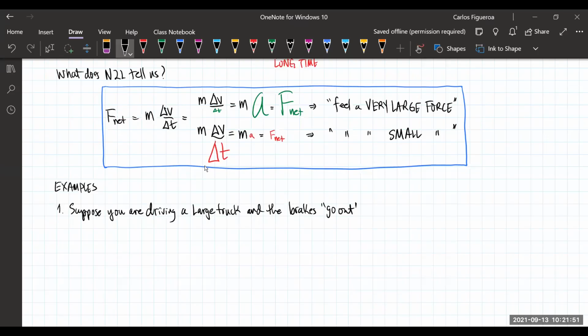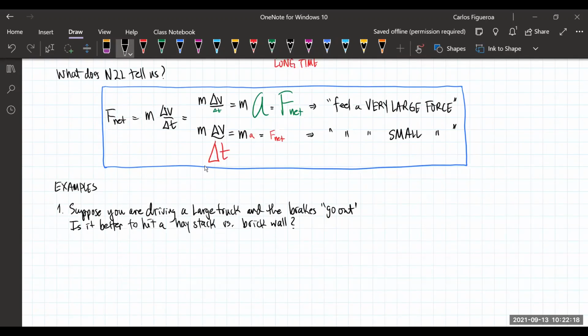Now here's the silly question. Is it better to hit a haystack or a pile of hay versus a brick wall? Of course, you would rather hit a haystack.